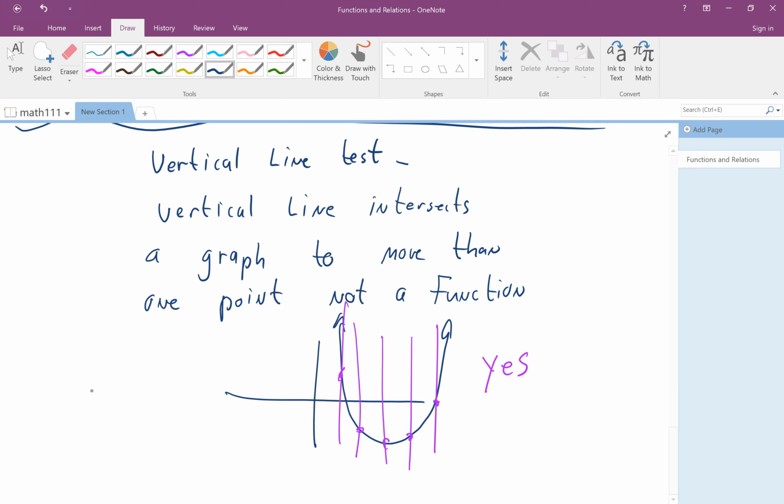But if I draw another function, and now I pass a vertical line through it, and it touches in 2 spots, then no. So that's no good.